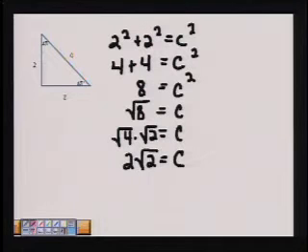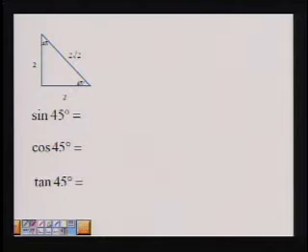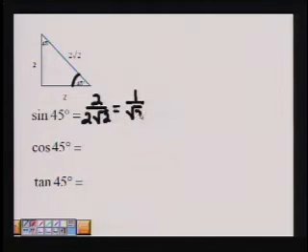So let's find sine, cosine, and tangent again using this triangle. Again, if this is our angle, the sine of 45 degrees is the opposite side over the hypotenuse, and our 2's cancel, leaving us 1 over radical 2, which we found out a few minutes ago is the same thing as radical 2 over 2.